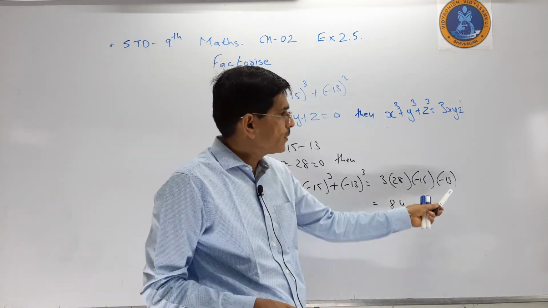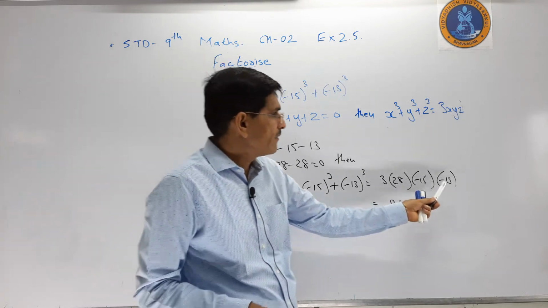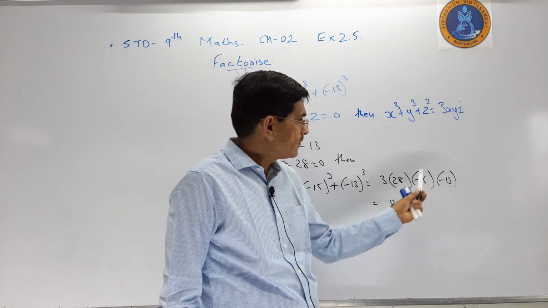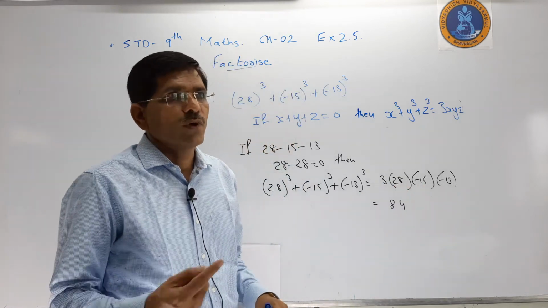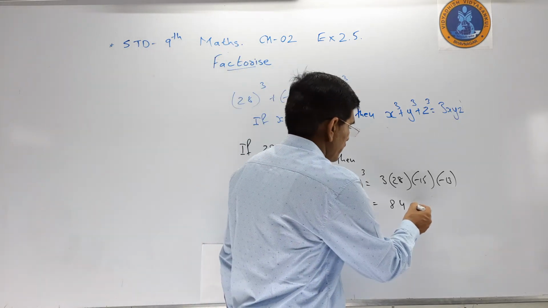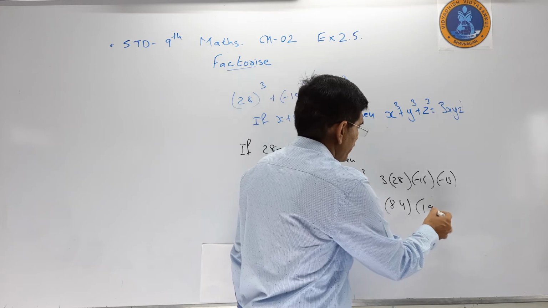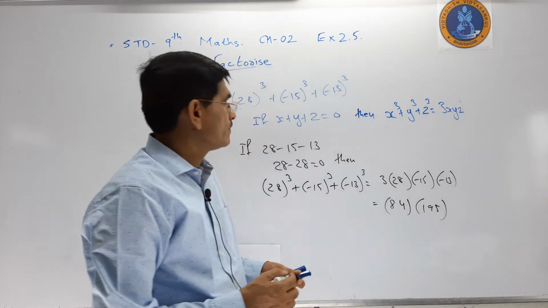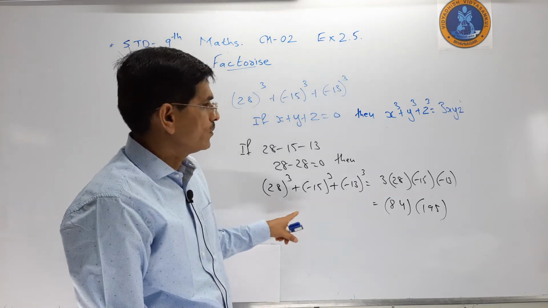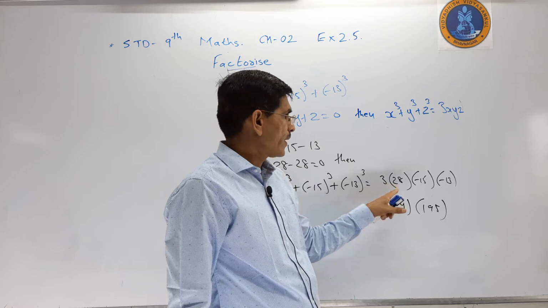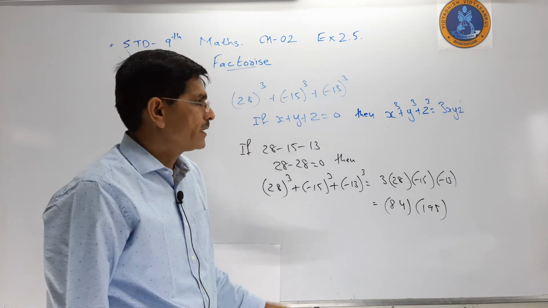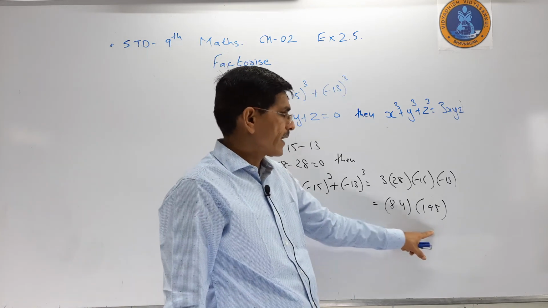Now 15 into 13. We already know 13 10s are 130, 13 5s are 65. So 130 plus 65 is 195. Again, what do we have to do? 3 into 28 into minus 15 into minus 13.